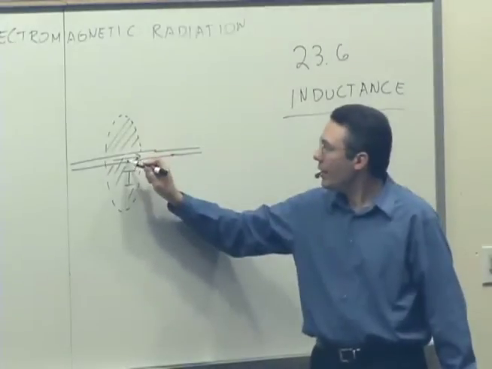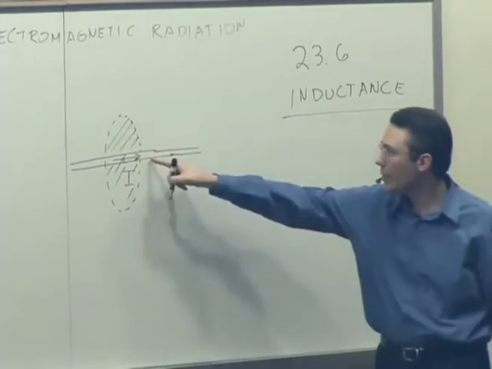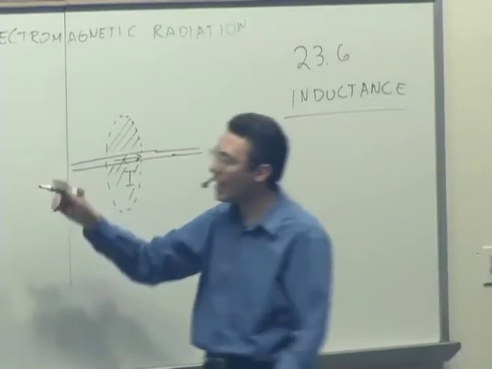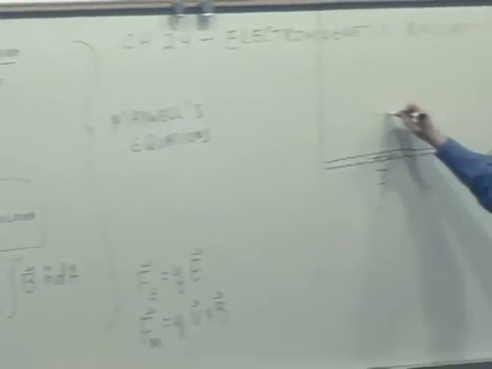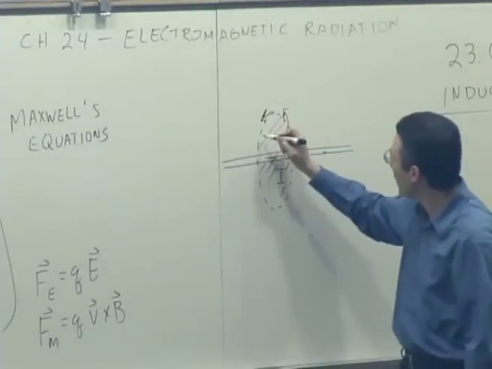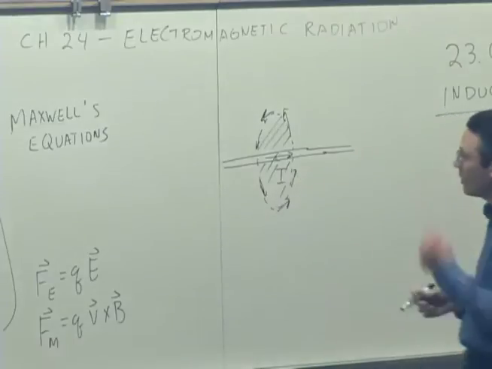The enclosed current is the amount of current piercing through that surface. Okay, so there's a current piercing through that surface, which tells us that if there is an enclosed current, we're going to get a curly pattern of magnetic field around the loop here. Okay, we've seen this before.